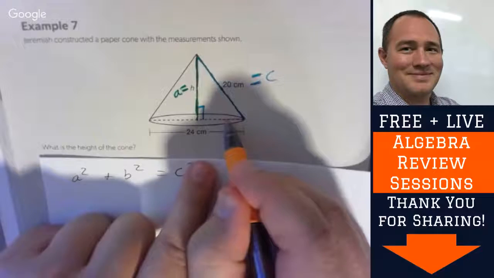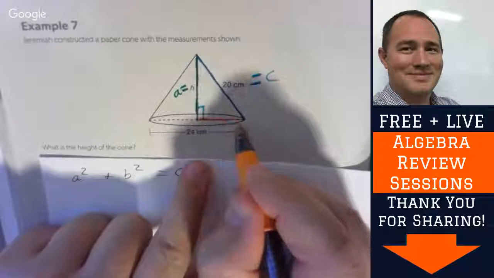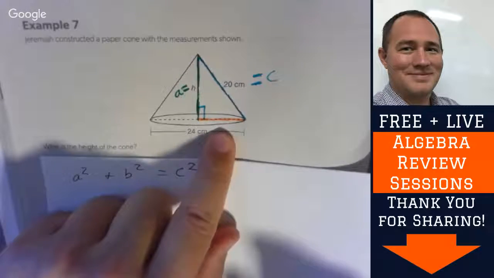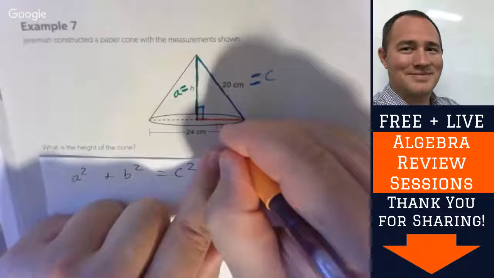When we start to think about it and sometimes draw a picture, it really helps us out. So this section here is going to be our B.